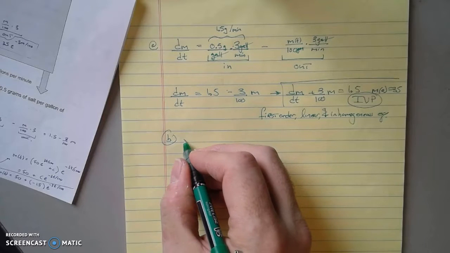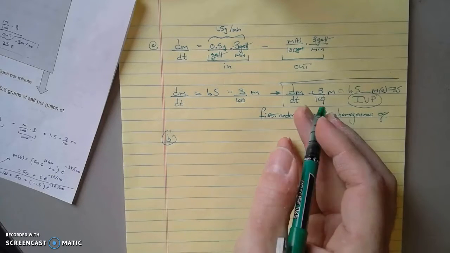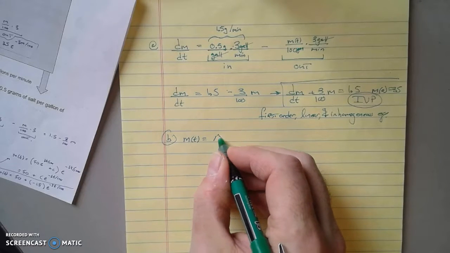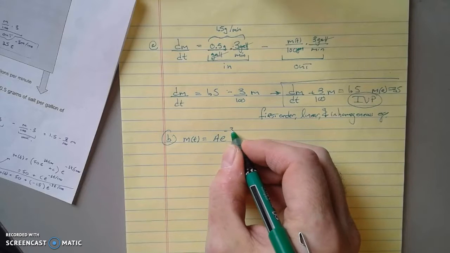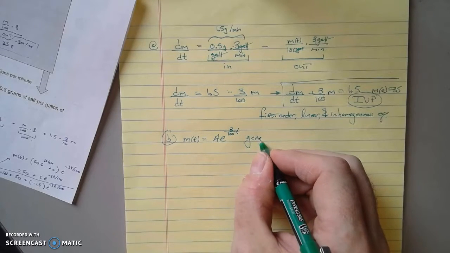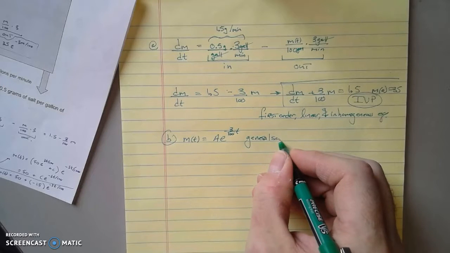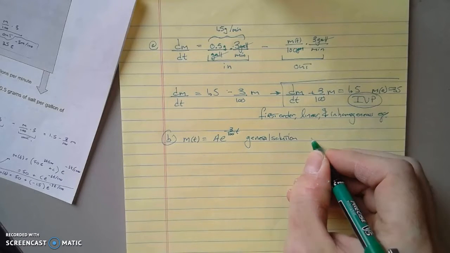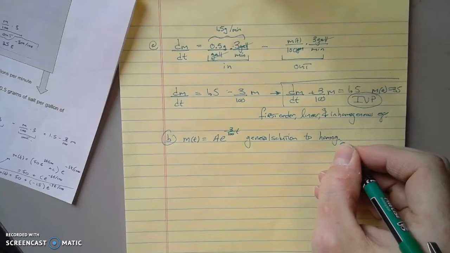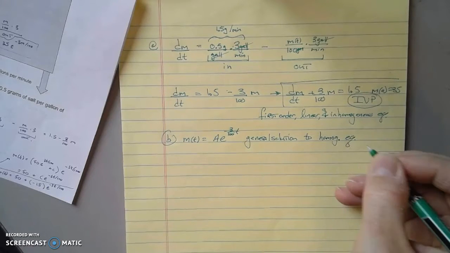Now the way we solve this problem is to first solve the homogeneous case, but we've already done that. M of t is a constant times a decaying exponential. This is the general solution to the homogeneous equation.